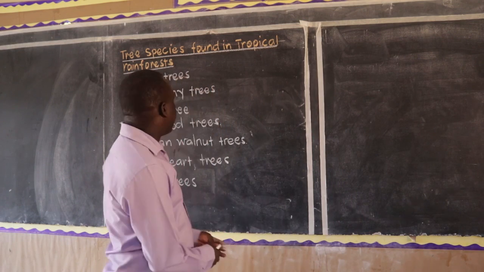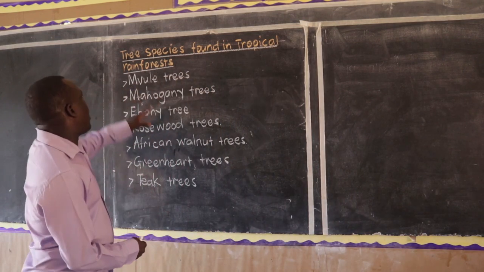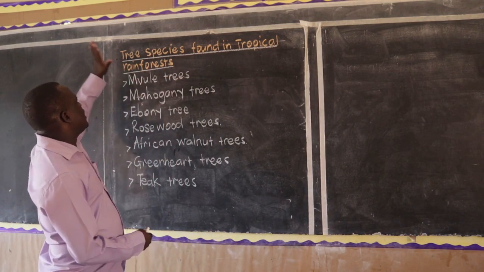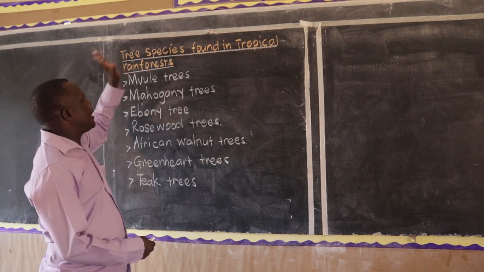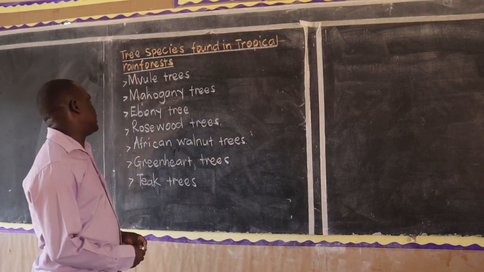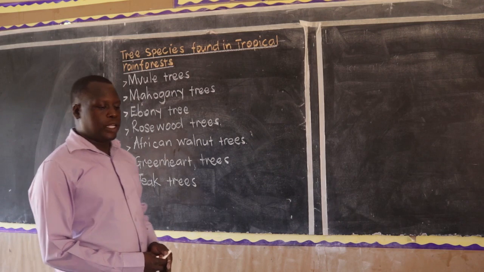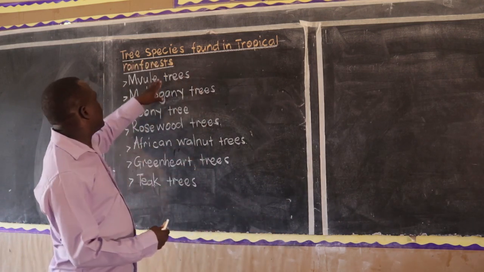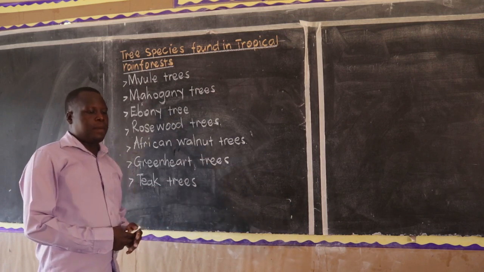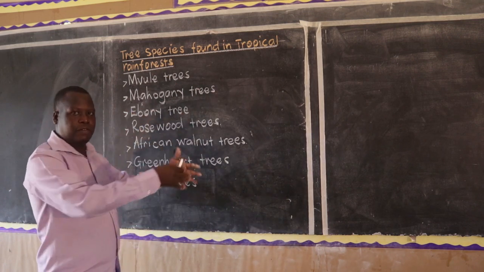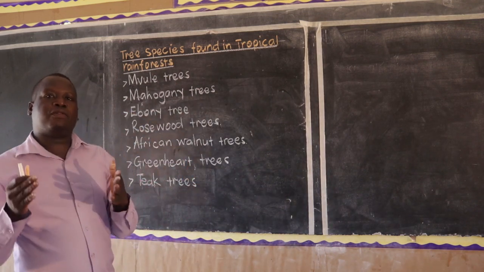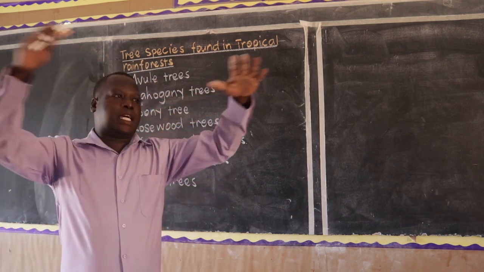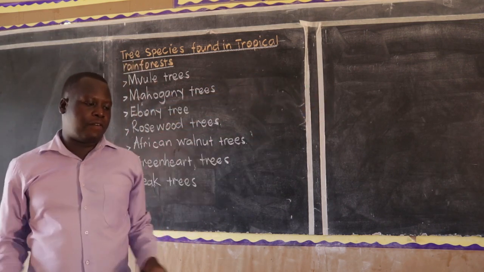So it now answers our characteristic that we say that it has many tree species. The tropical rainforests have many tree species. Now, in these tropical rainforests, people may not live inside the forests, but they live on the outskirts of the forest.